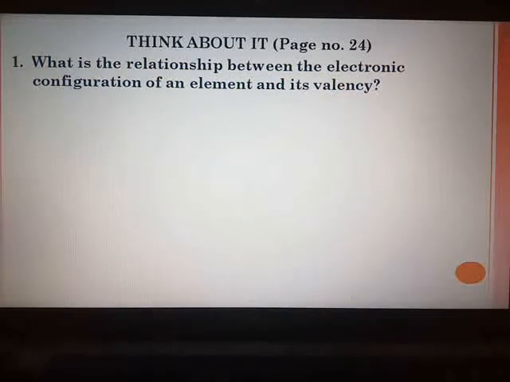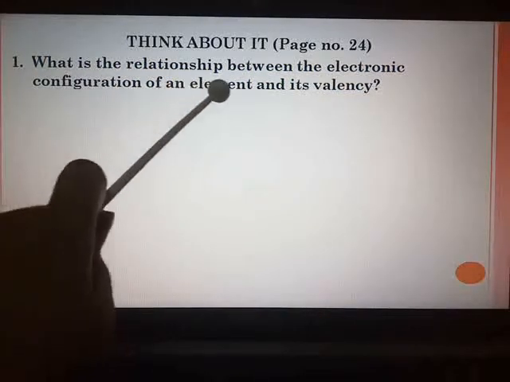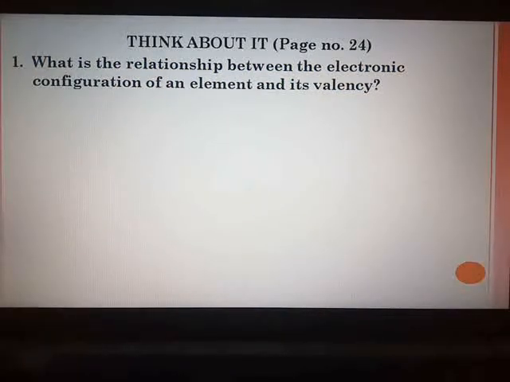Think about it. What is the relationship between the electronic configuration of an element and its valency? Surely, in the last year you have studied that valency is the combining capacity of an element.